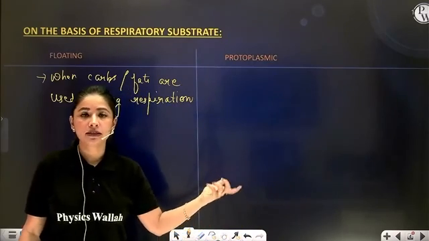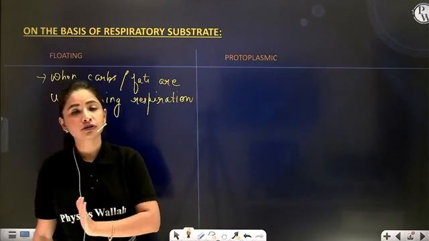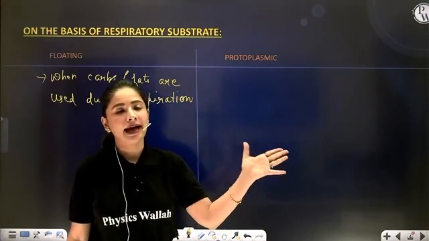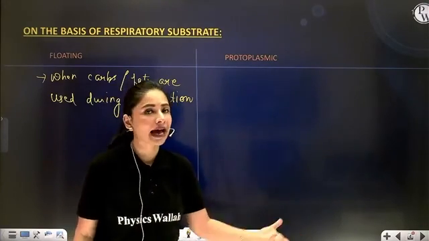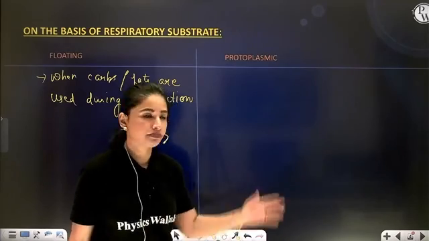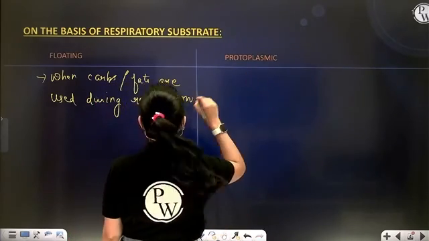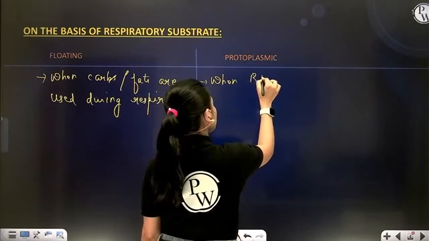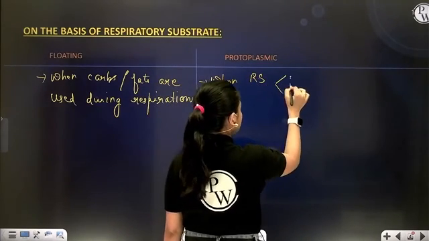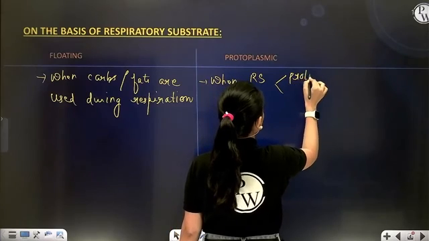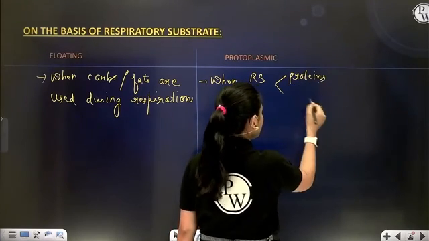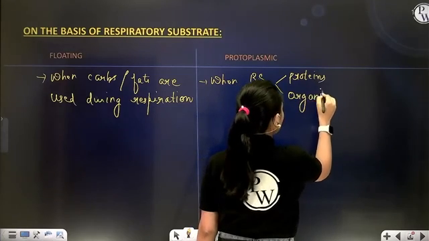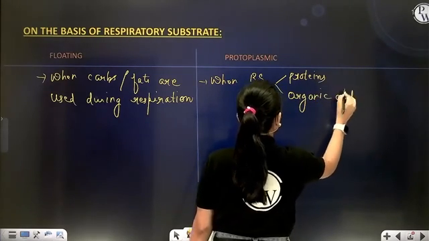Protoplasmic simply means when the respiratory substrate is either protein or organic acid, maybe like malic acid, oxalic acid, etc. Correct? So, what is protoplasmic respiration? When the respiratory substrate is either proteins or organic acid.